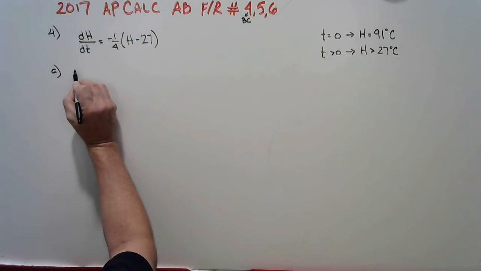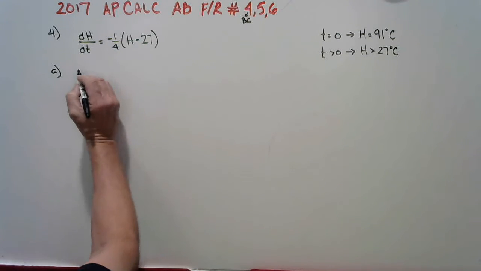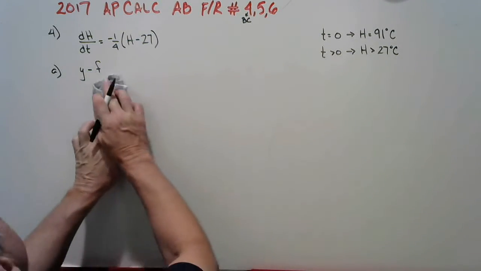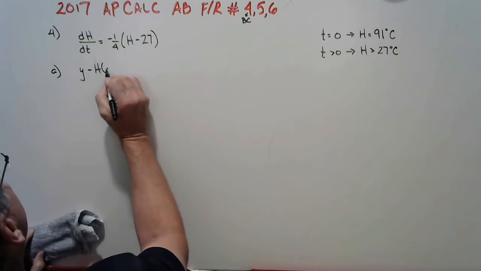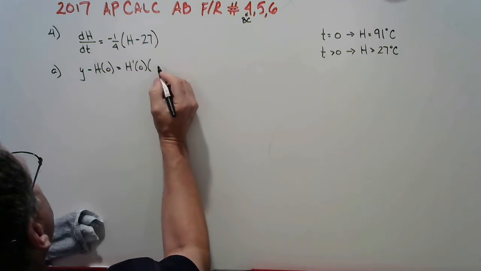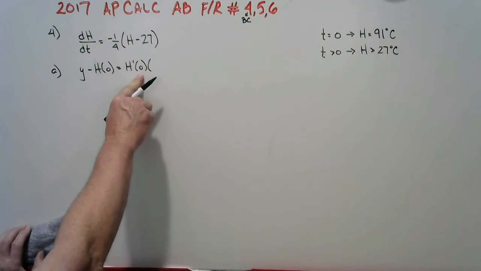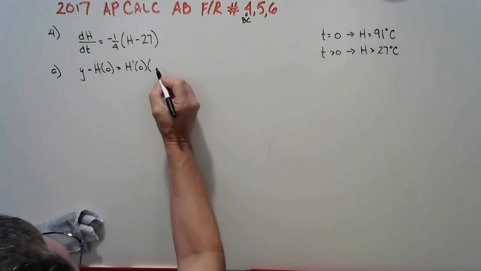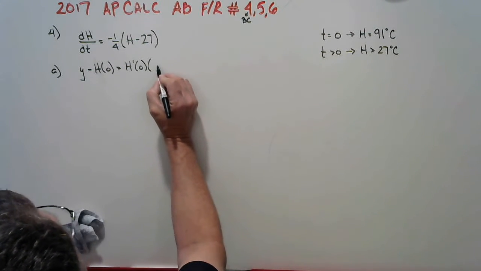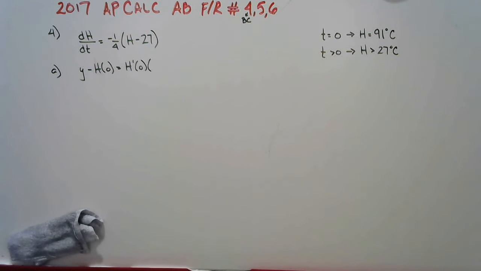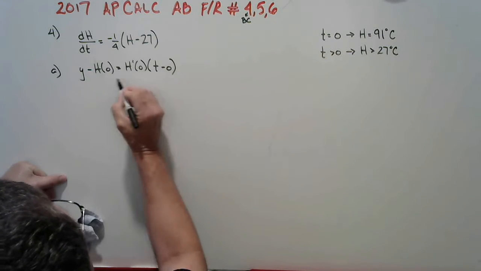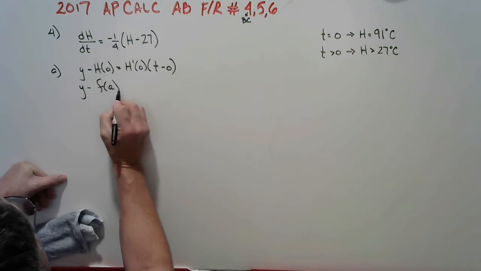Our y value, in this case that's h, minus our functional value at 0, equals our derivative at time 0 times x minus a, which for us is t minus 0, because our variable is t and our a is 0. So remember, our general equation looks like this.